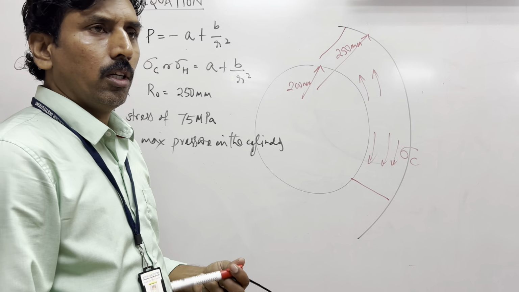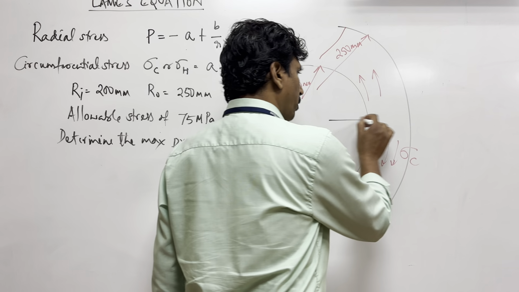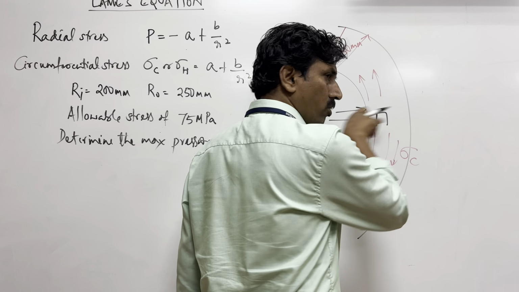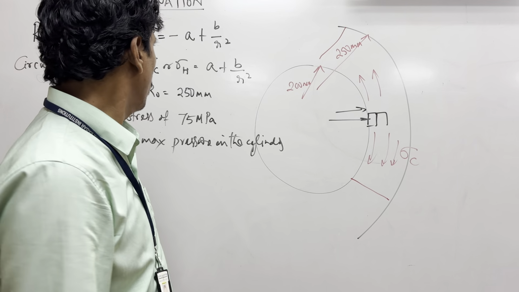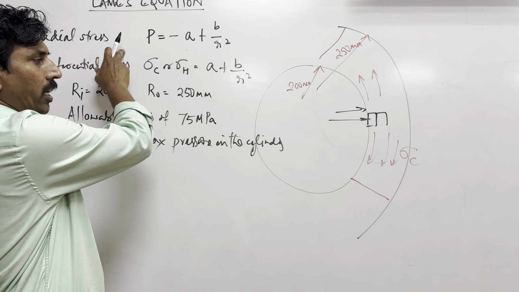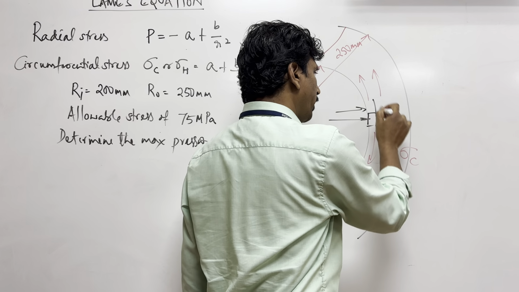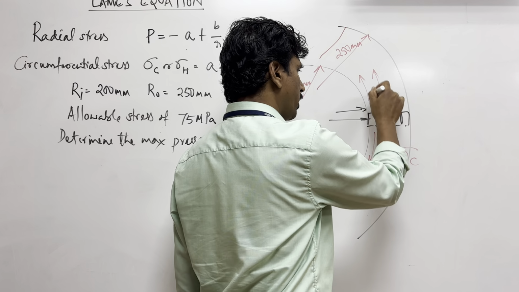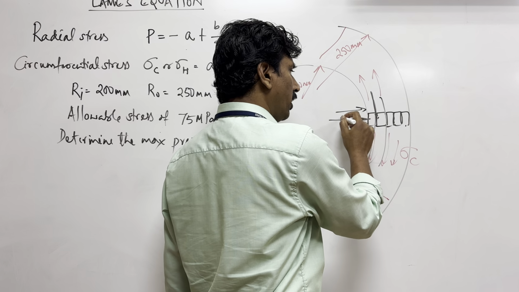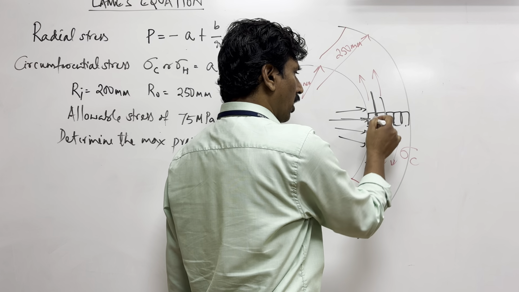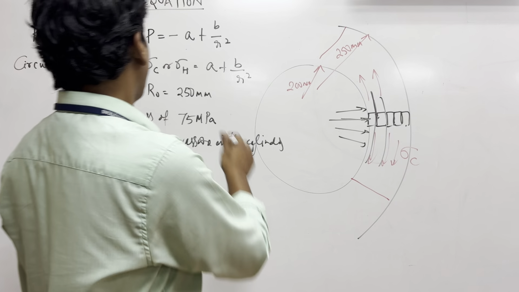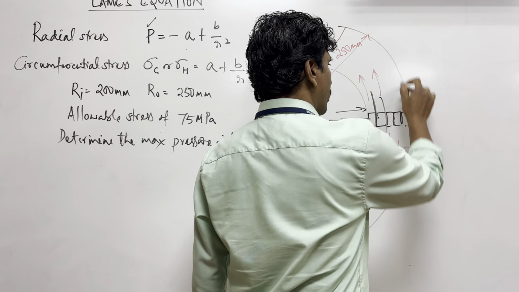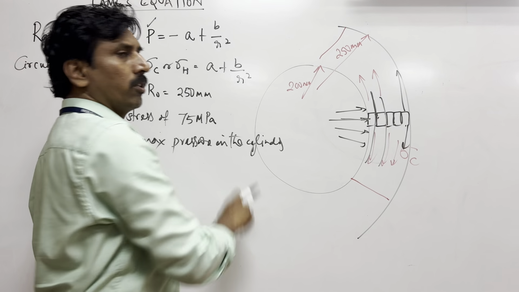And again due to pressure here, the material is applied with a normal stress, which is the compressive stress. So this radial stress is applied on each element here. Suppose you take small blocks or layers of material here, the inner layer is always applied with a compressive force, which is given by this equation. And the circumferential stress is given by this equation.